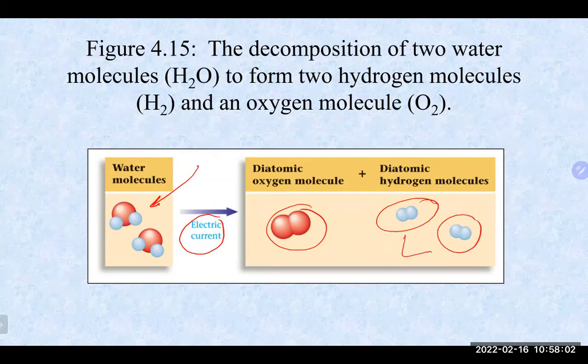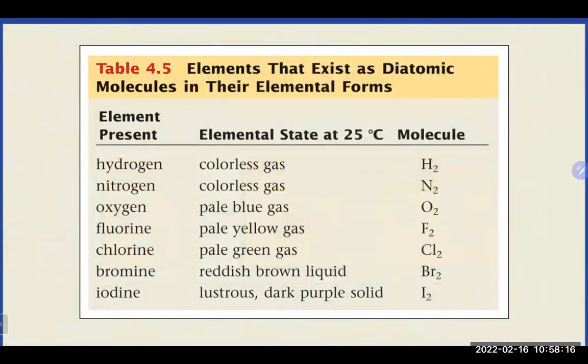H2O, right? So we have 2 hydrogens versus an oxygen. And obviously we could break those back into their elements, and as we talked about, you can't go any further than that.